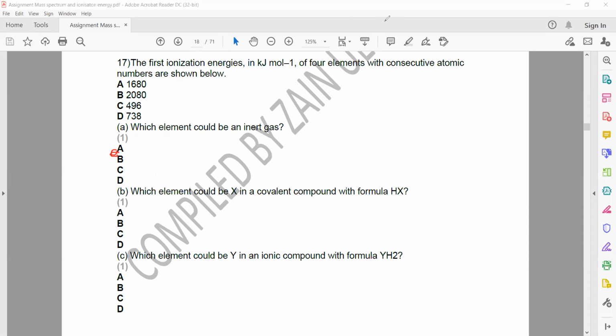So it means this is group 8, then this will be group 7, then after group 8 we'll have group 1 and then group 2. Which element could be X in a covalent compound? It means it's a group 7 element, so which is group 7? A is group 7. Which element could be Y in an ionic compound? Y has a charge of plus 2, so a group 2 element, that is D.